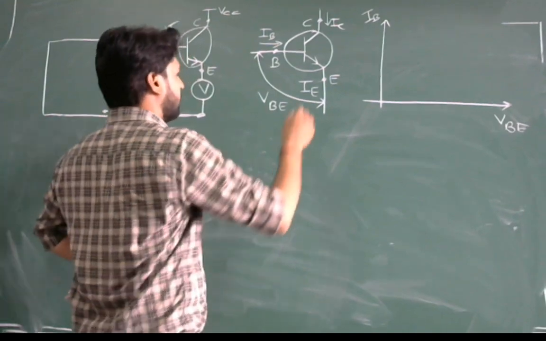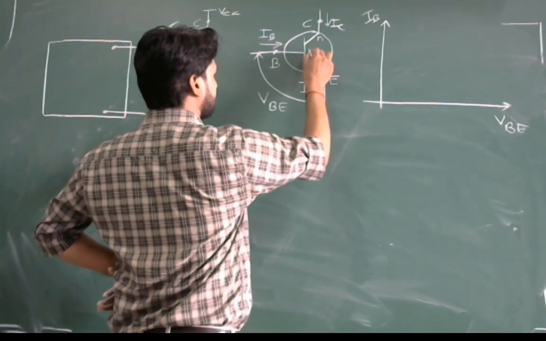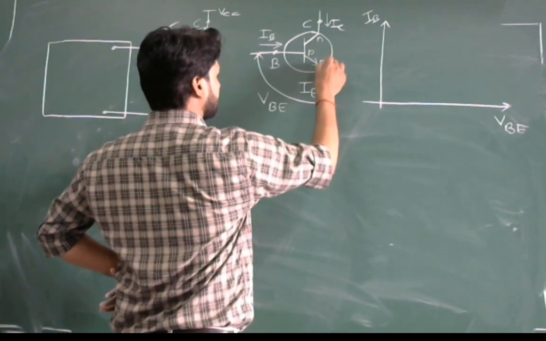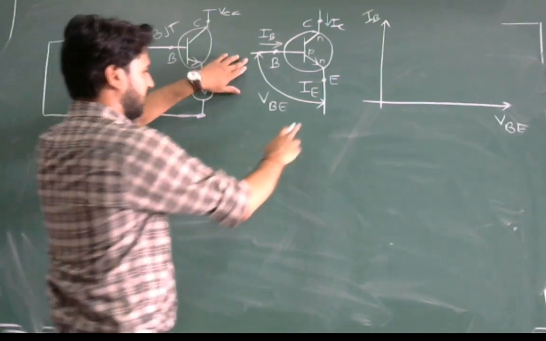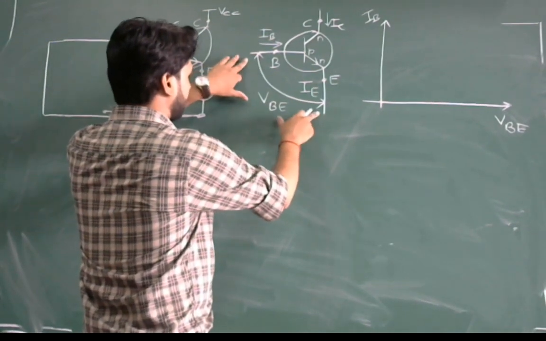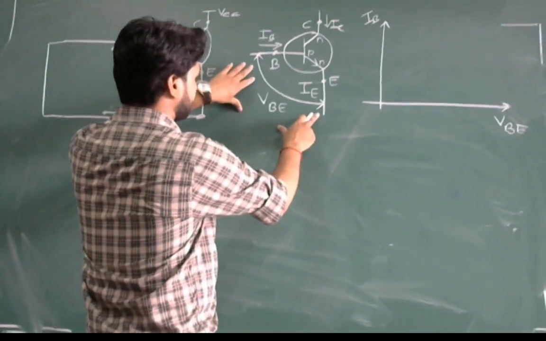In this transistor, this region is N, this is P, and this region is N. So if we draw the characteristic of the base emitter voltage and the current going into the base, we will get the characteristic of a diode.